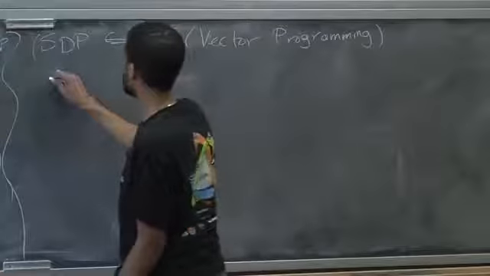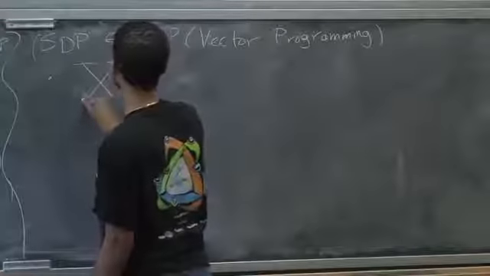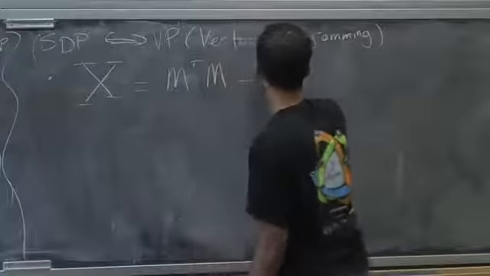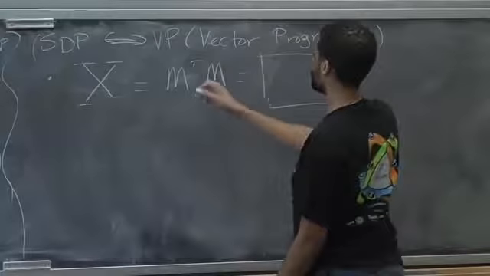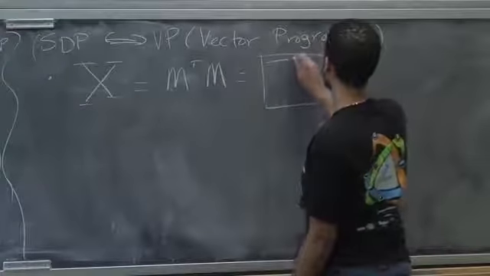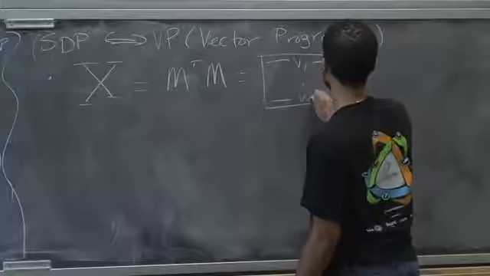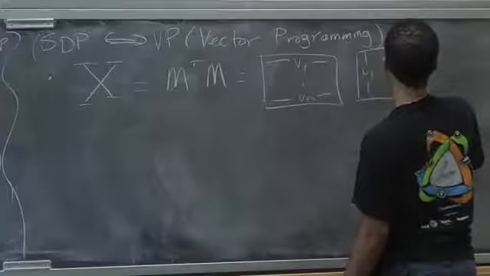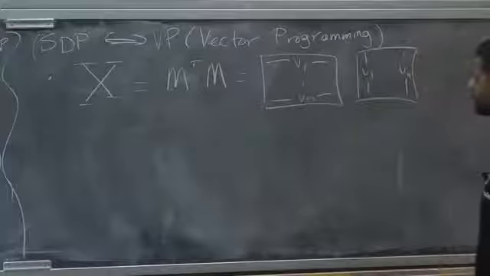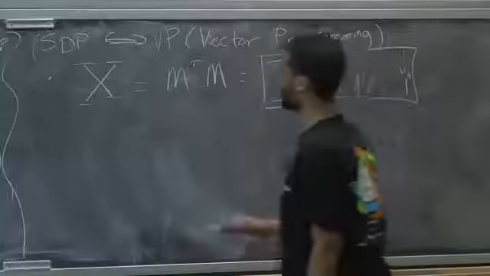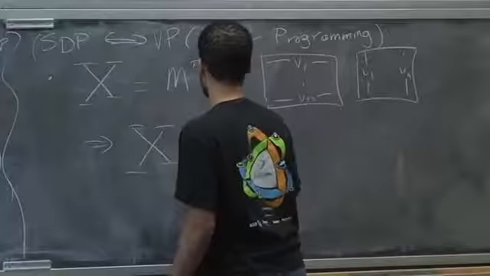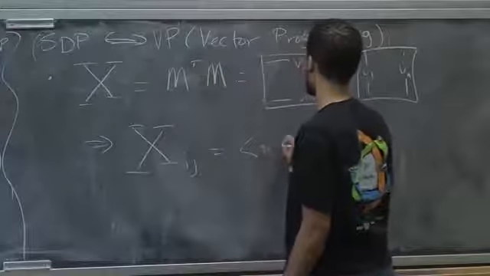We said that if X is PSD, it's the same thing as saying it's M transpose M, which is what's called a Gram matrix. It's the matrix with columns V1 up to Vn, times its transpose, which means that the ij-th entry of X is just equal to V_i dot V_j.